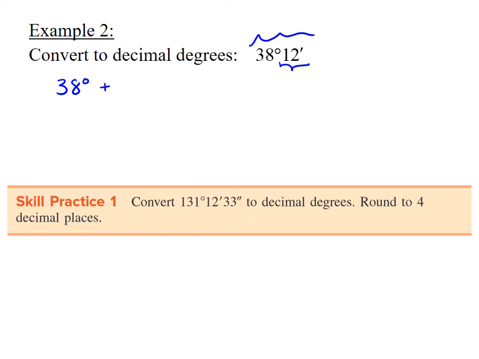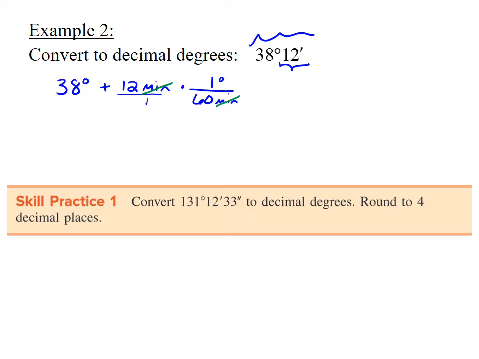So I have 38 degrees plus 12 minutes. And I know that there are 60 minutes in 1 degree. So if I have minutes on the top here, I need minutes on the bottom here in order to cancel those out and leave me with just degrees. So these will cancel.